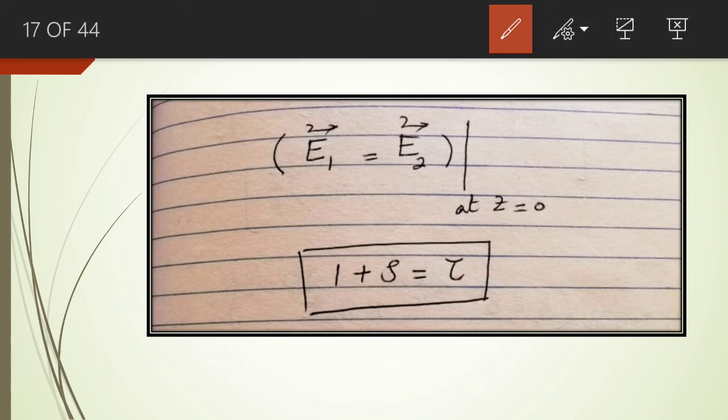So according to the boundary condition, the tangential component of E1 will be equal to the tangential component of E2. There is no normal component of E1, there is no normal component of E2.